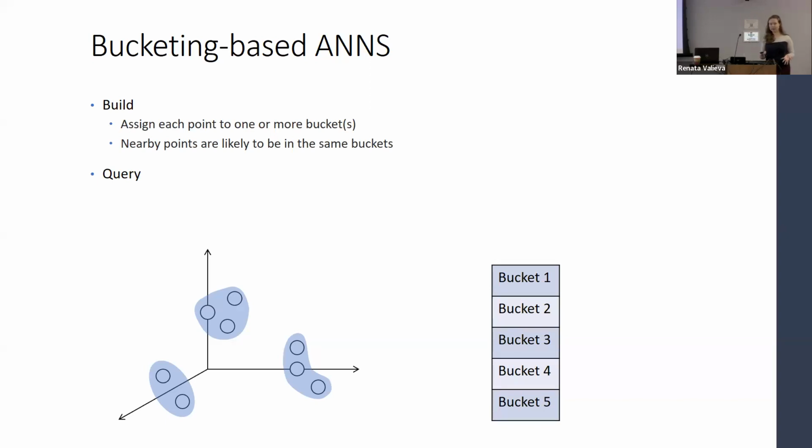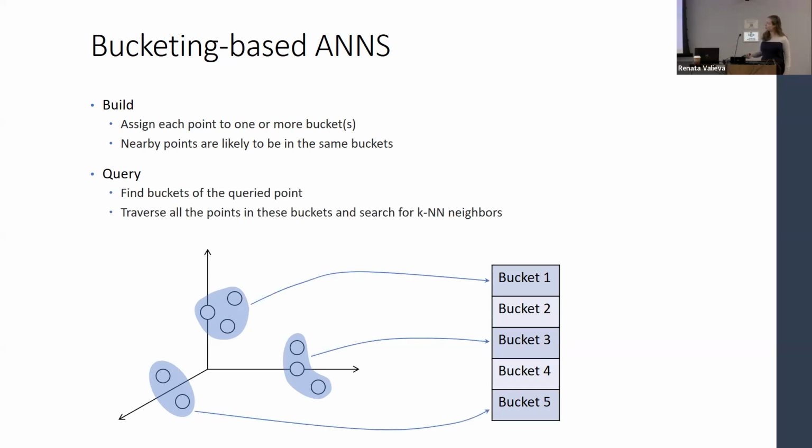And then at query time, what you do is you find the buckets that correspond to the query point. Maybe you do this via a hash function, or maybe you keep a representative element and compute the closest buckets to the query in terms of those representative elements.